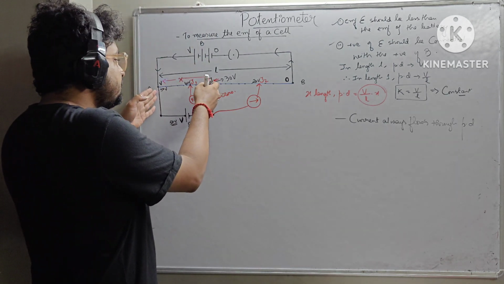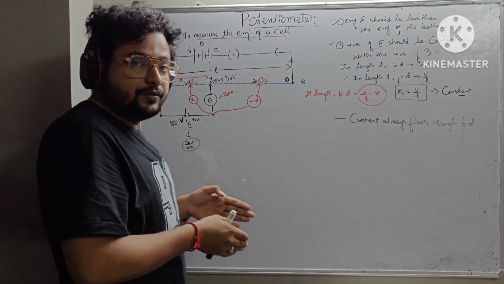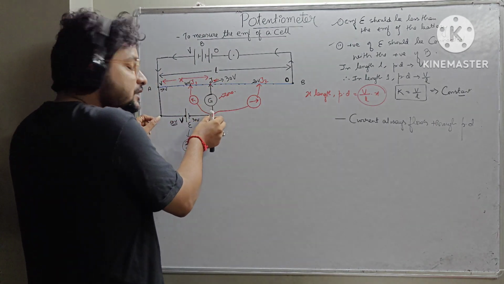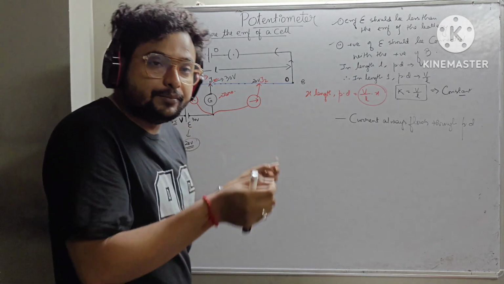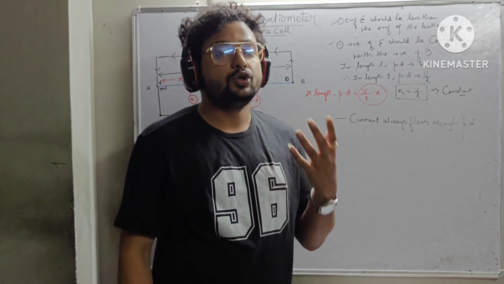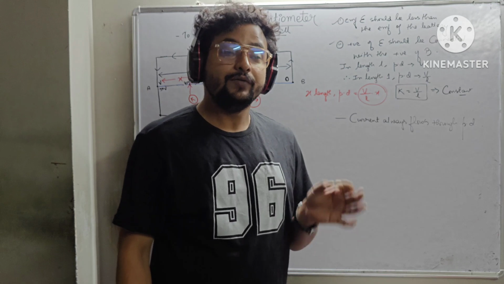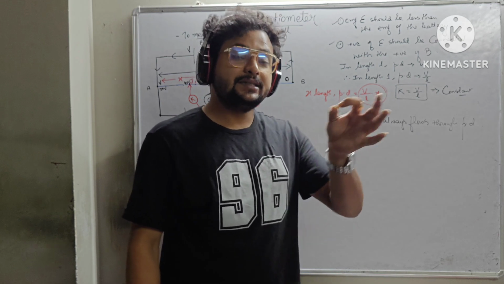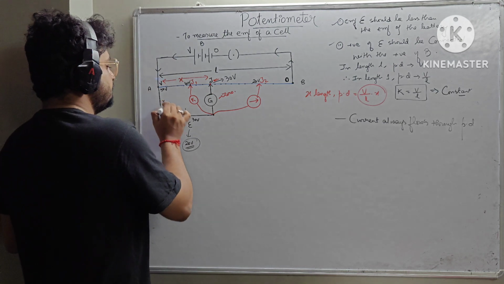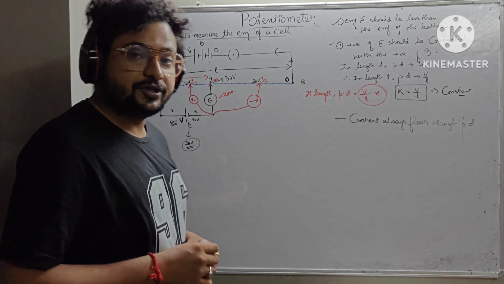That means the potential difference between these 2 points is also 20 volt. So the potential difference between these 2 points and the potential difference between these 2 points is same. When the potential difference is same, current is not going to flow. Okay, when current will see that I have the same potential, current is not going to flow through this branch.